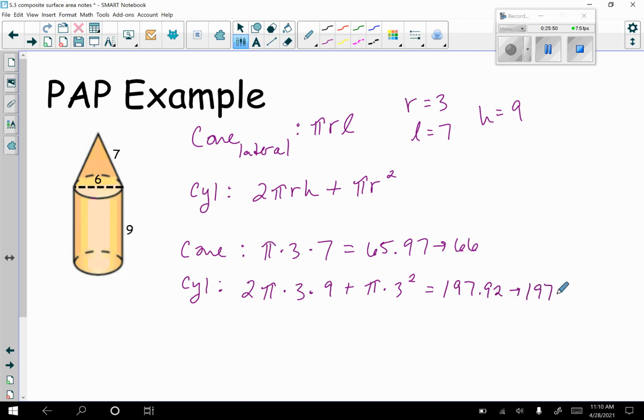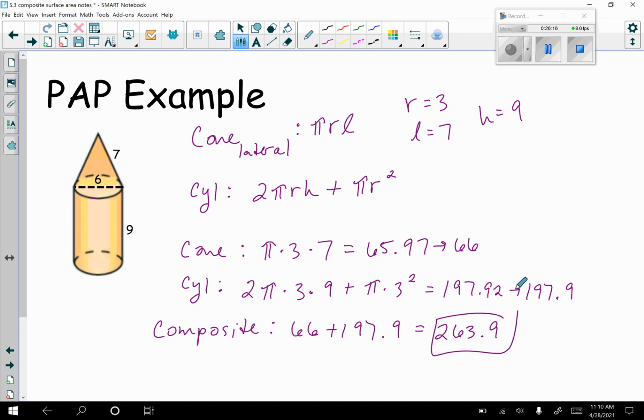So 197.9. And now for the composite area, we do 66 plus 197.9. 197.9 plus 66 is 263.9.